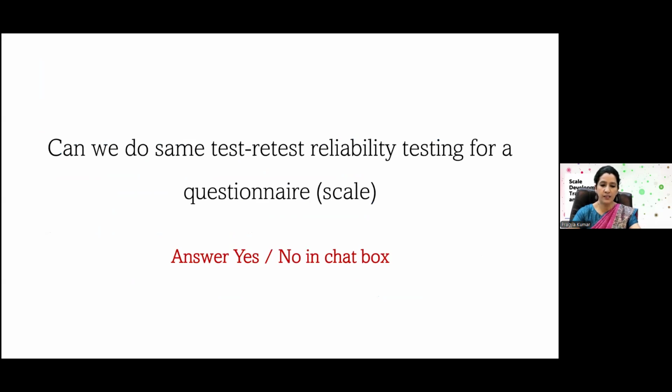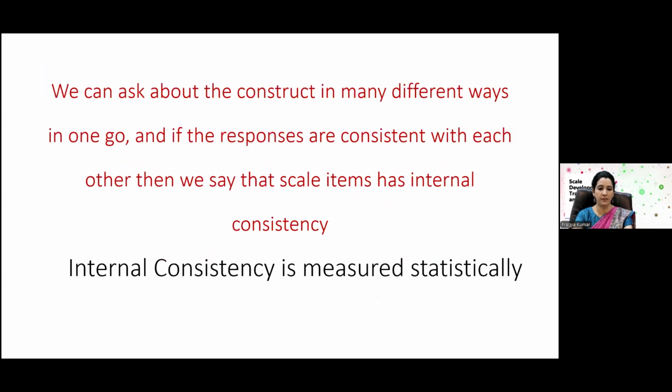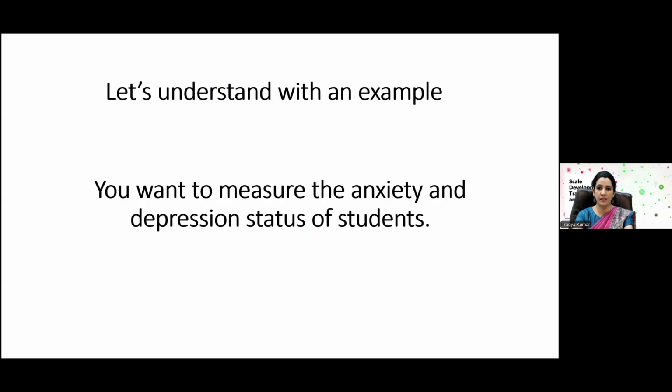So can we do the same test retest reliability in our case, when there is already a validated scale and we are not developing a scale? If we are using an existing scale after language translation or probably after minor modifications, then in that case, you don't need to test for this test retest reliability. So we generally go for the measurement of internal consistency.